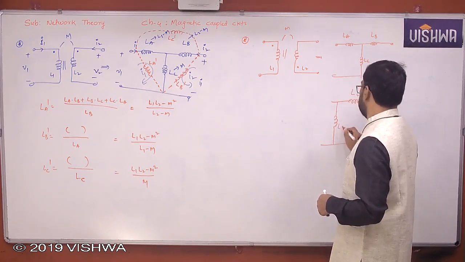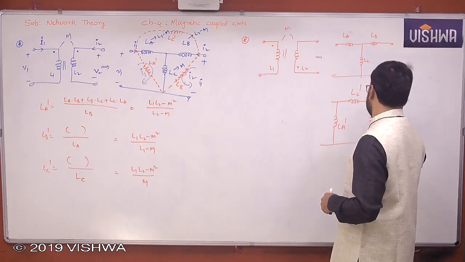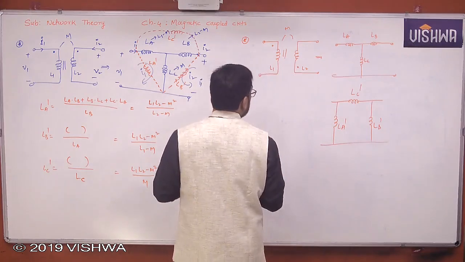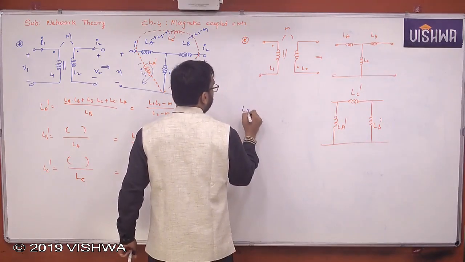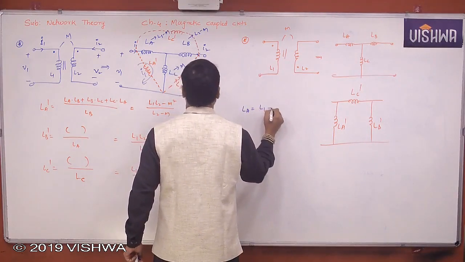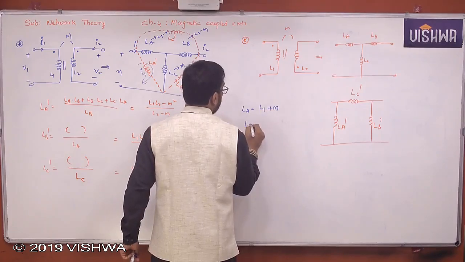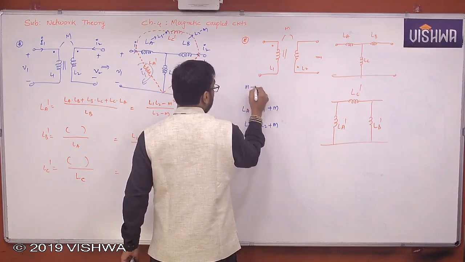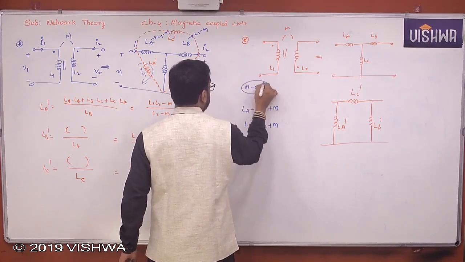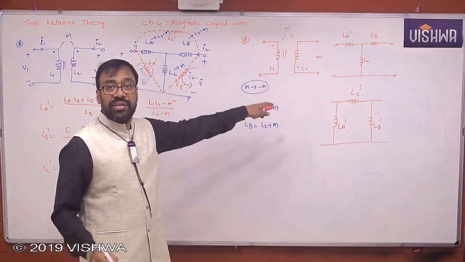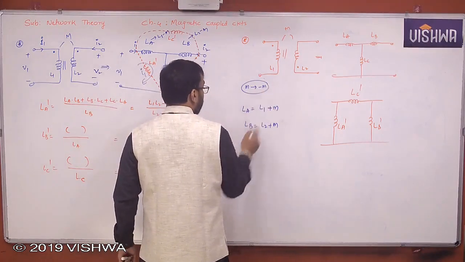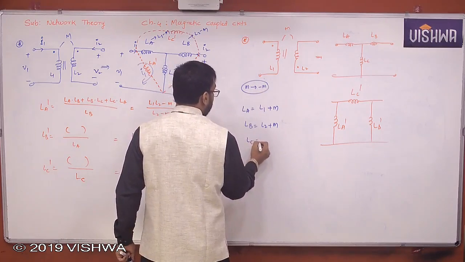LC dash, LA dash, and LB dash. Now the LA will become L1 plus M. LB becomes L2 plus M. M is replaced by minus when you compare with this, all the formulas, okay? Now this will become minus. So LC will become minus.